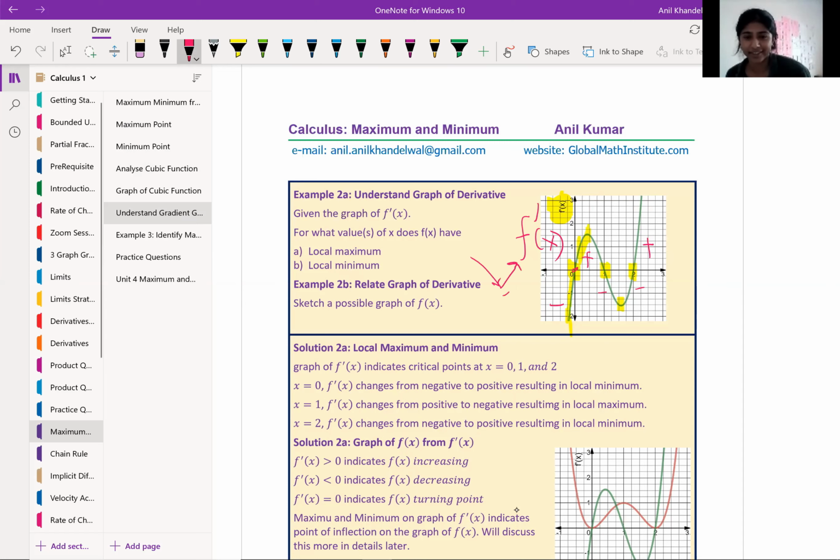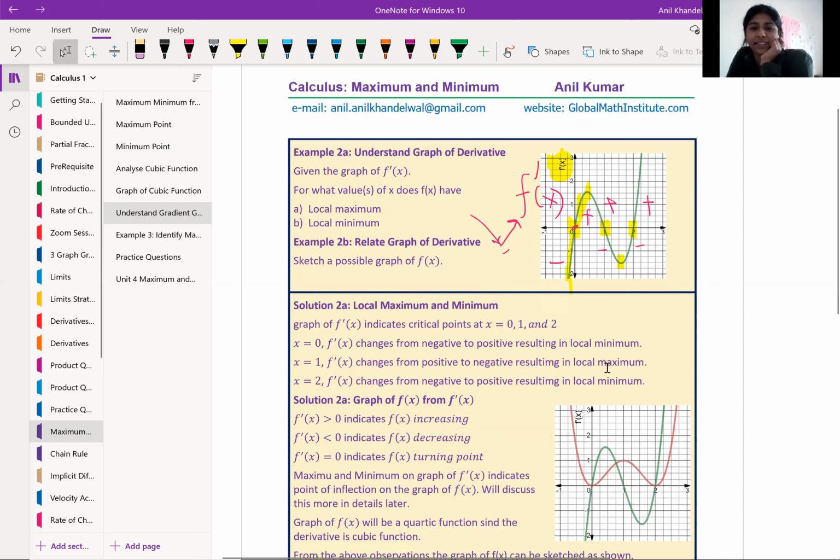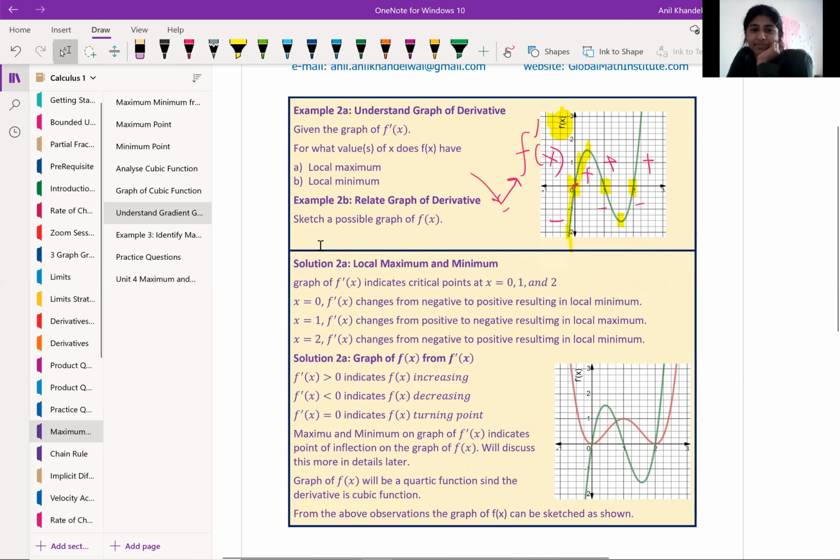So we have a minimum at 0, and at this point, it changes from positive to negative, right? So that's a maximum. It was going actually up. It shows downwards, but actually it's positive. And the final one is also a minimum.